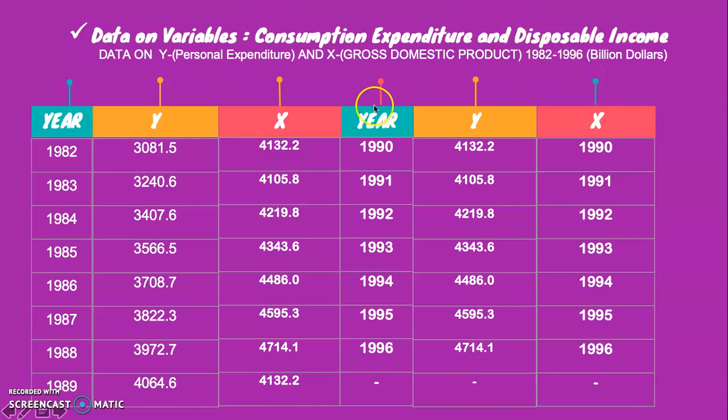And it's also the data for gross domestic product of USA from 1982 to 1996. Please note that the values are in billion dollars. Now, Y is personal expenditure and X is GDP. Personal expenditure will represent consumption expenditure and gross domestic product will represent disposable income.